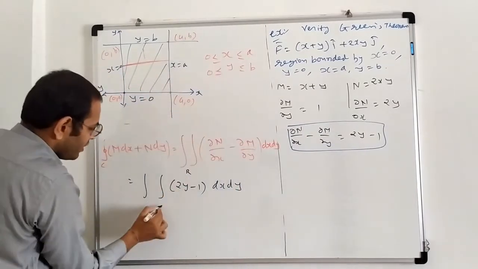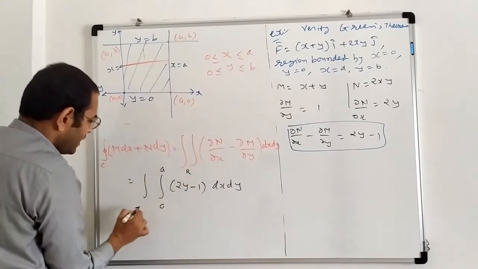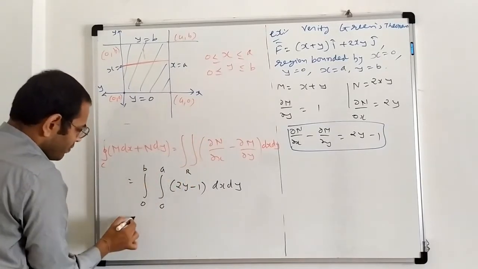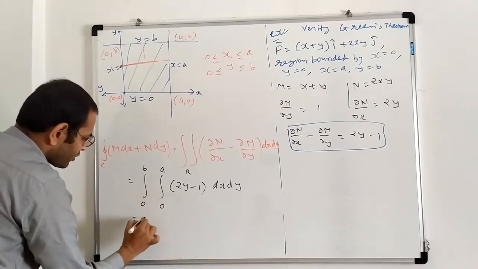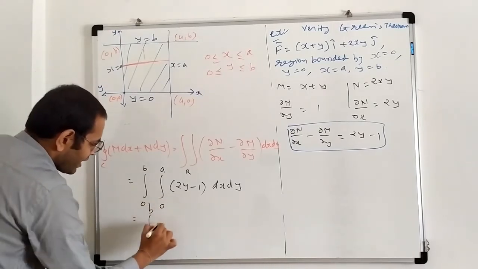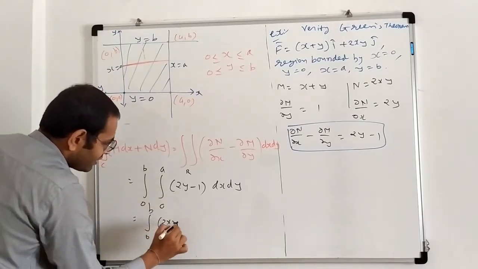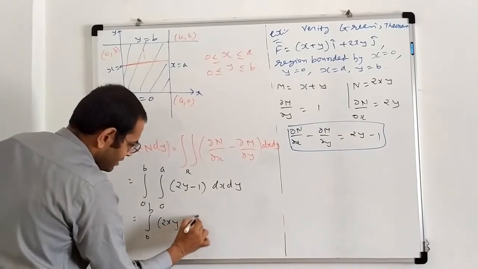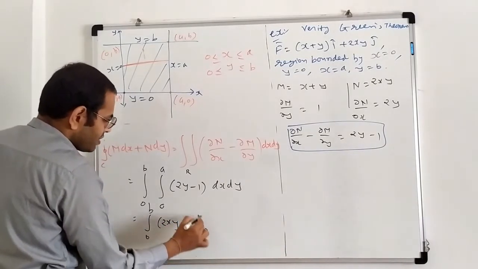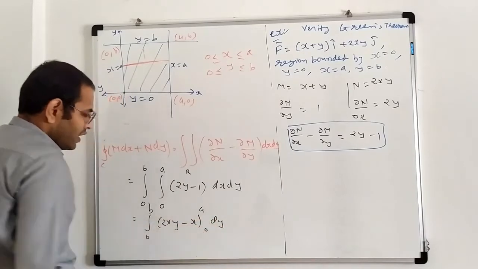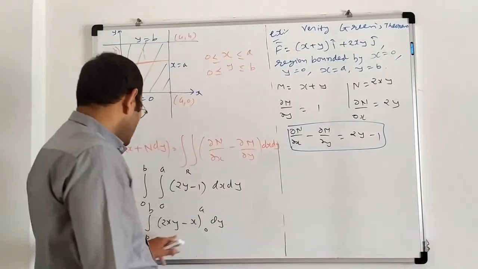Now the limit of x is 0 to a and the limit of y is 0 to b. Integrating with respect to x, we get 2xy minus x, with limits 0 to a, dy, upper limit minus lower limit.